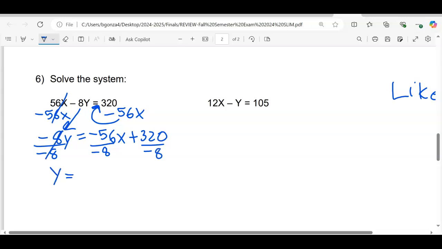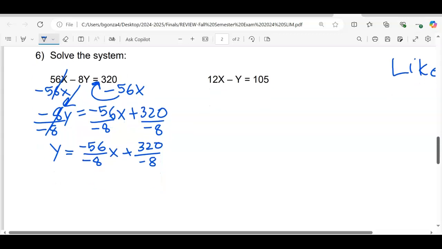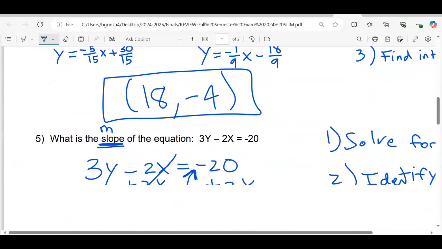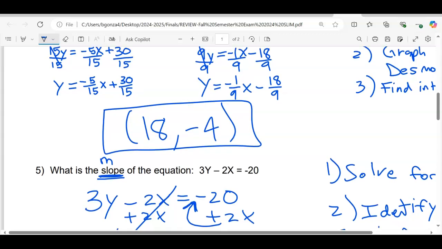Y equals, now, you can leave it like this, or you can reduce it, okay? Either way. Like on this one, when you reduced it, it was like what? Y equals negative 1/3 x plus 2.